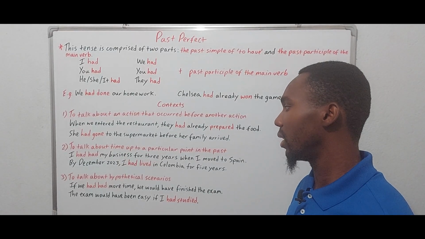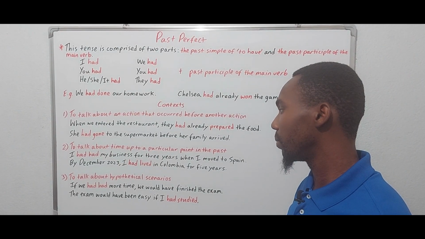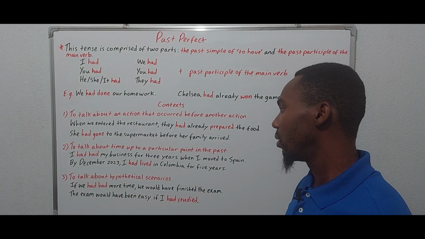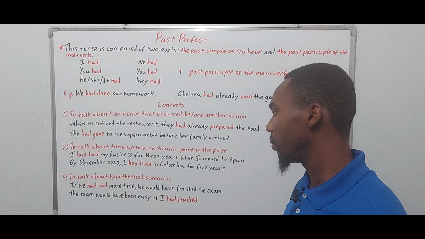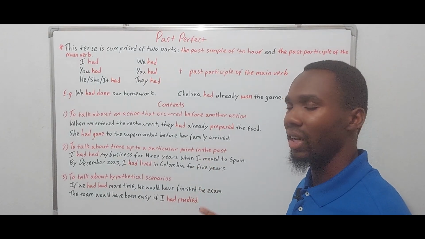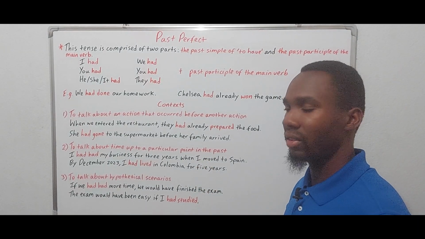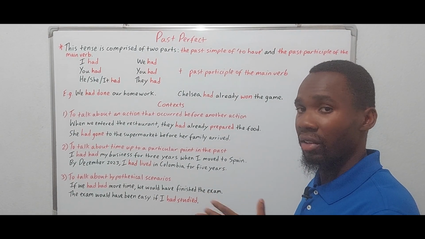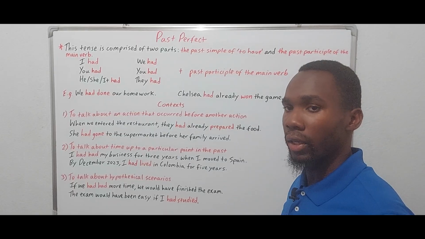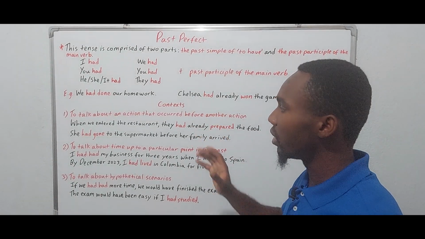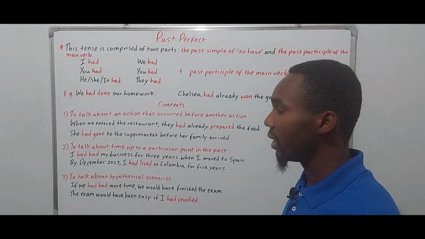Had we had more time, we would have finished the exam. Had I studied, the exam would have been easy. See? So this relates to hypothetical scenarios. These are not real, these are not events that actually occurred, okay? Very good. So these are 3 uses of the past perfect in English.